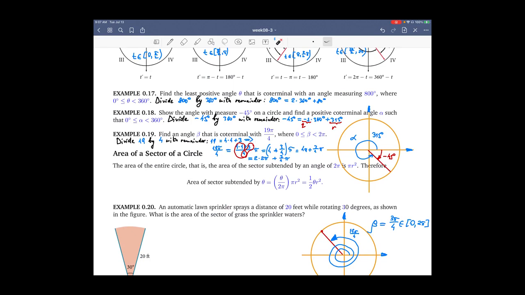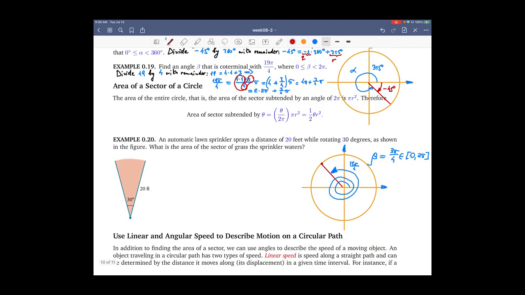Let's talk about areas of sectors. A sector is a shape enclosed by two radii of a circle.